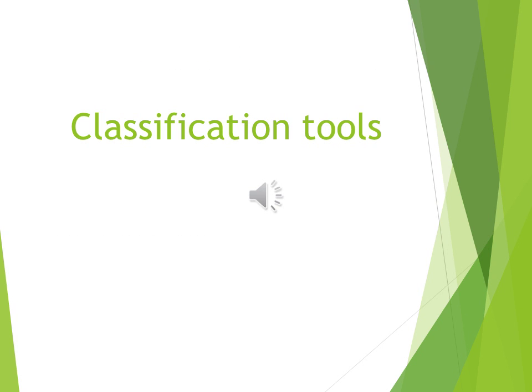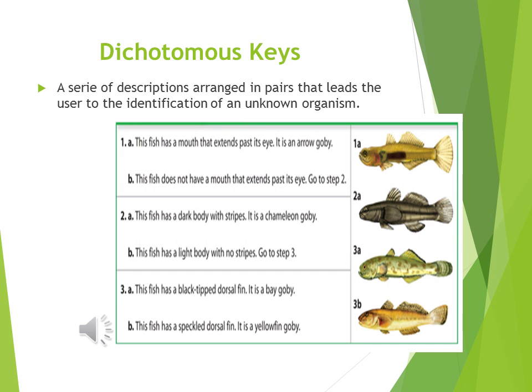Classification tools. A dichotomous key is a series of descriptions arranged in pairs that leads the user to the identification of an unknown organism.